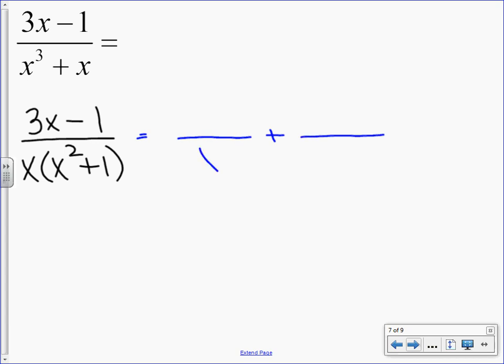One with a denominator of x and one with a denominator of x squared plus 1. Since this denominator is linear, we're just going to put a constant upstairs. But since this denominator is quadratic, we need a linear expression upstairs. Okay. If your denominator is quadratic, you need a linear expression upstairs.